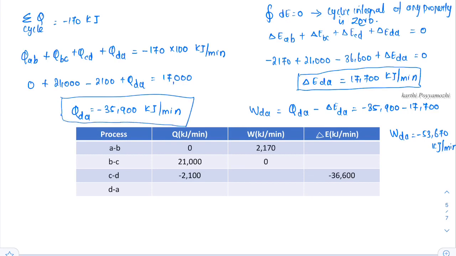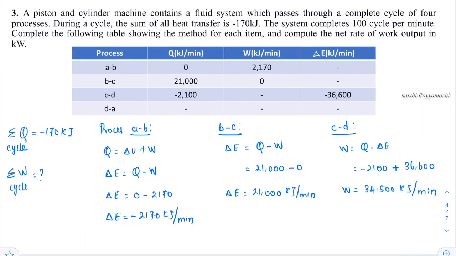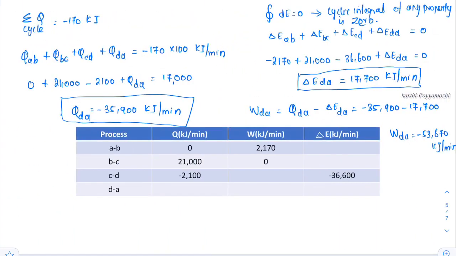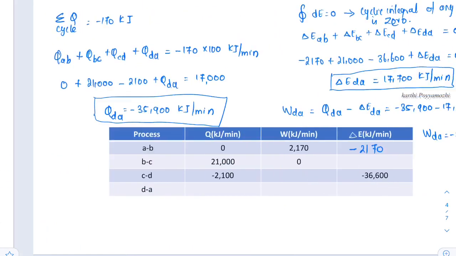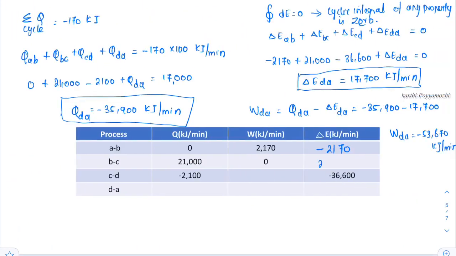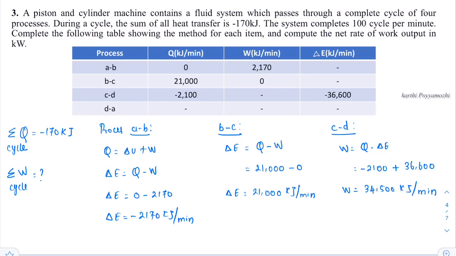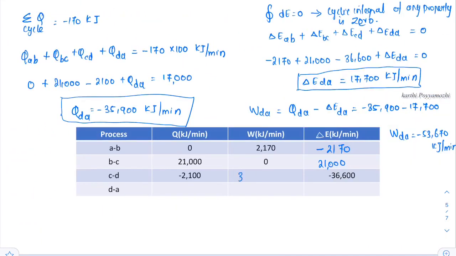We have found all the values and can substitute them in the table. Del E of AB is minus 2,170, del E of BC is 21,000, and the work done in the process CD is 34,500.